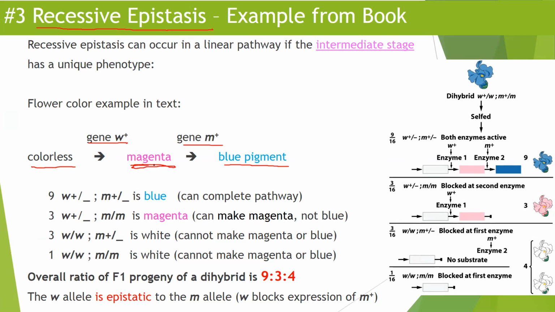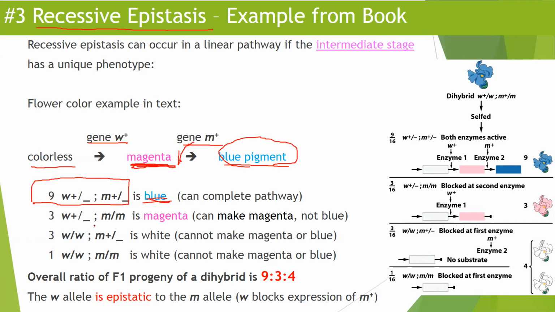If the second gene, the M gene, is also functional, it works on this intermediate product and transforms this pink compound into the blue pigment, the end product. This is the normal standard. That's why if both genes are wild type, you're going to see the blue color. This is the wild type.